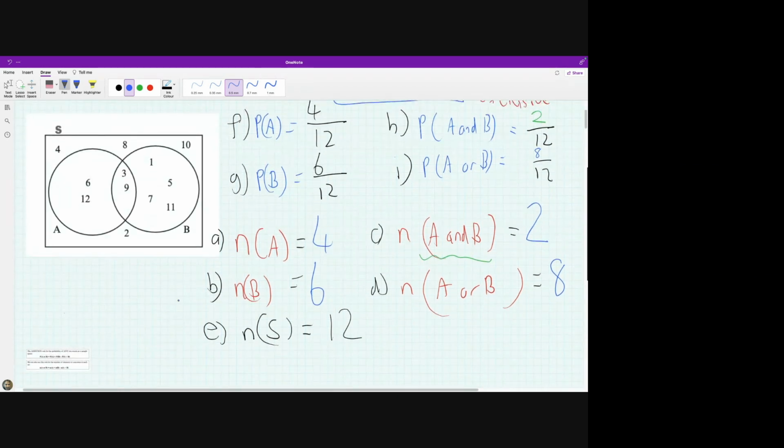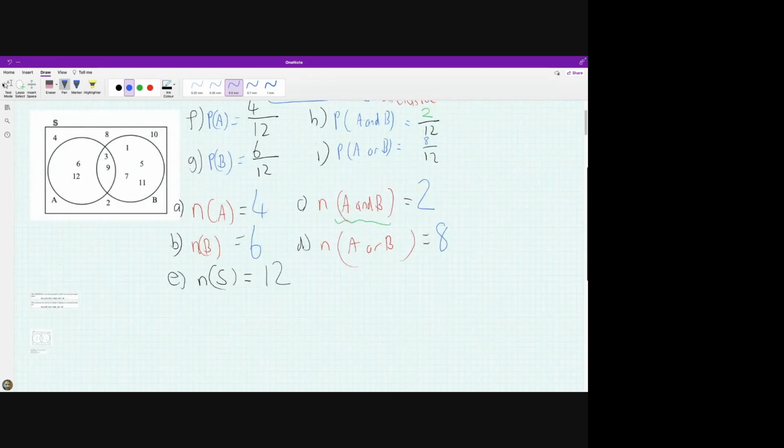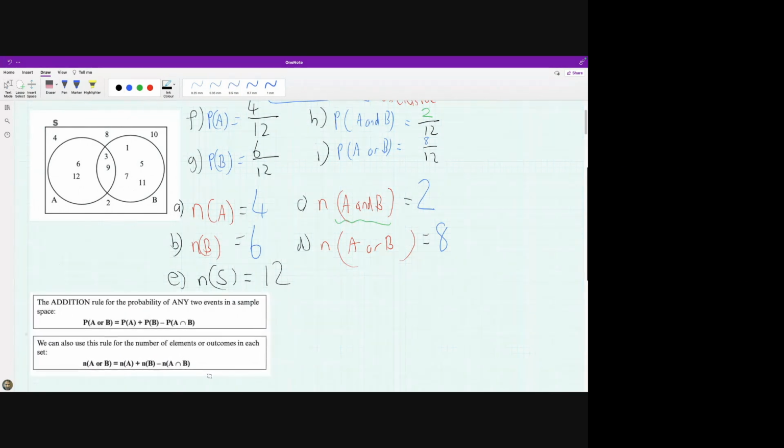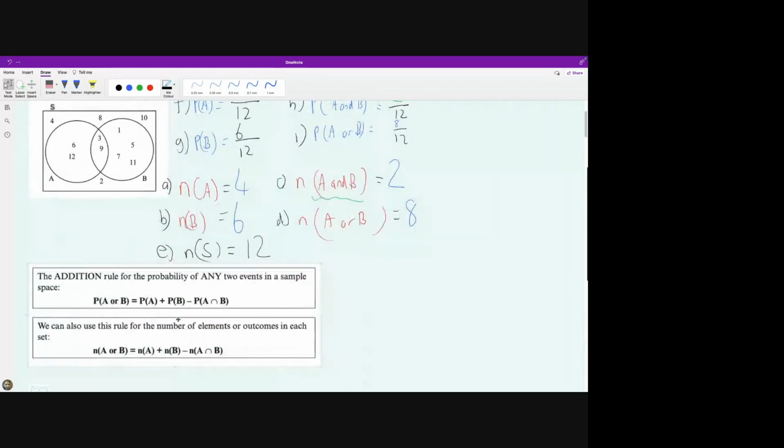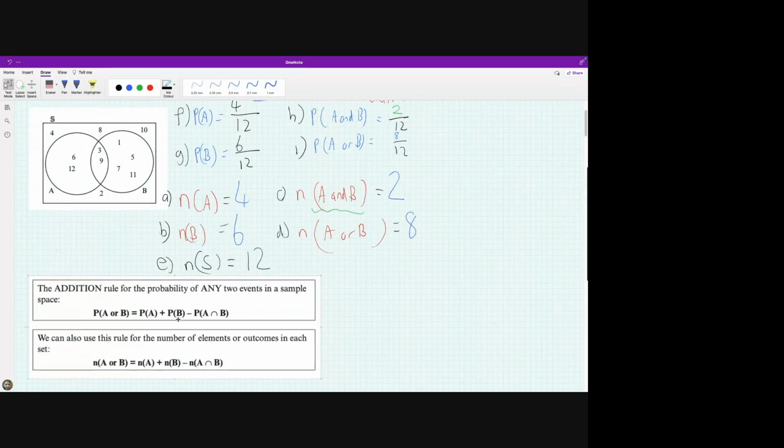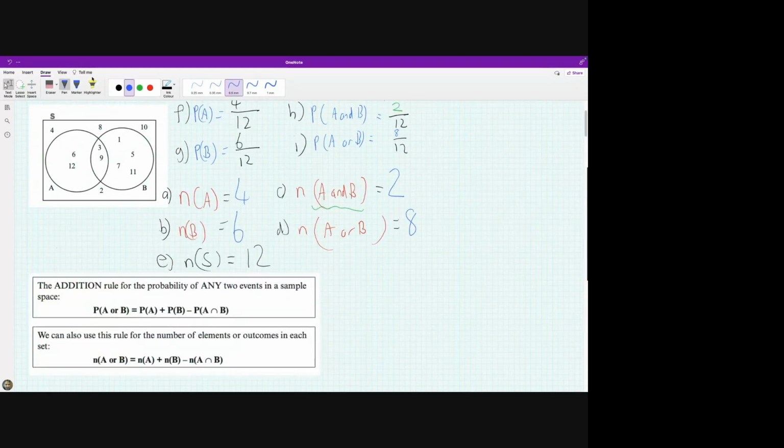Now, based on this first example, some of you are going to see this formula and your teacher is going to talk about it in class. And so I just want to explain where it comes from with reference to the example that we've just done. So when we have non-mutually exclusive events, we have this thing called the addition rule for the probability of any 2 events.